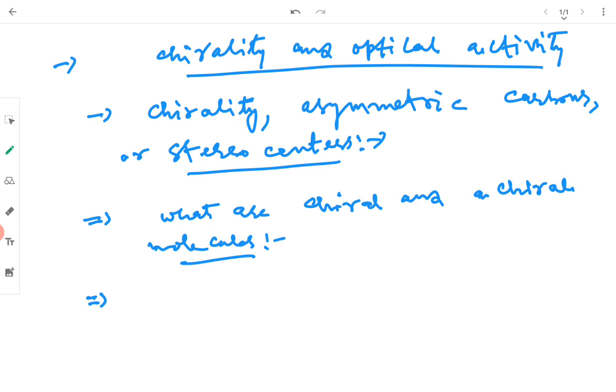First of all, we'll define a chiral molecule. What is a chiral molecule? Or what is a chiral object? An object can be chiral, a molecule can be chiral. Since we are dealing with chemistry, most of our discussion will be limited to chemistry. So, what is a chiral molecule?